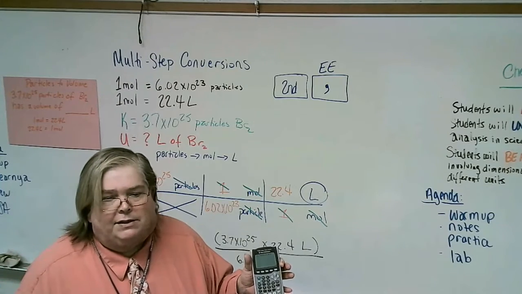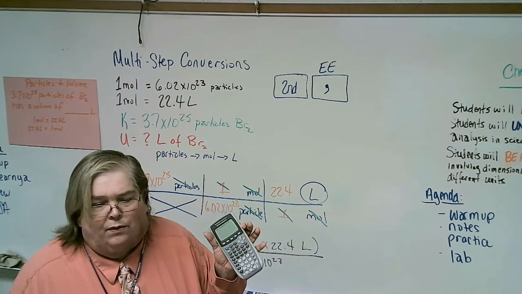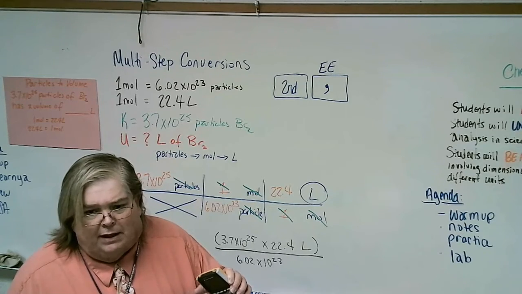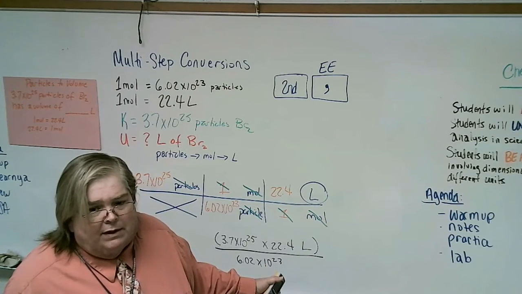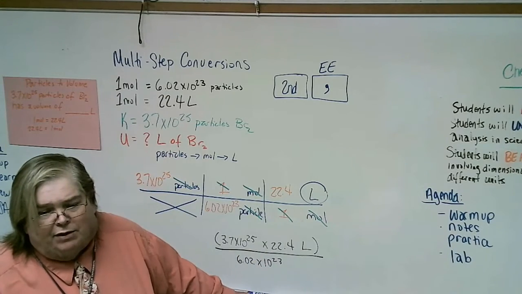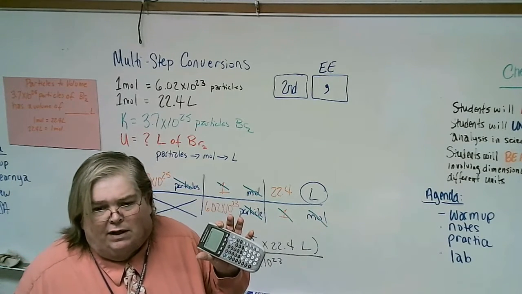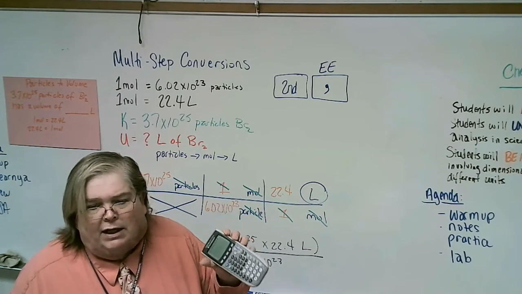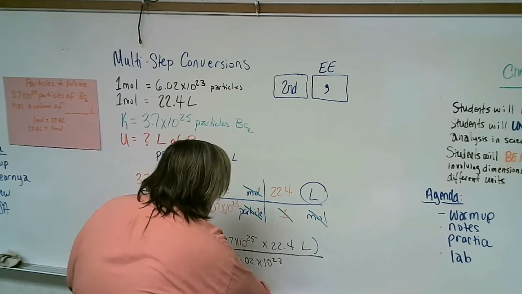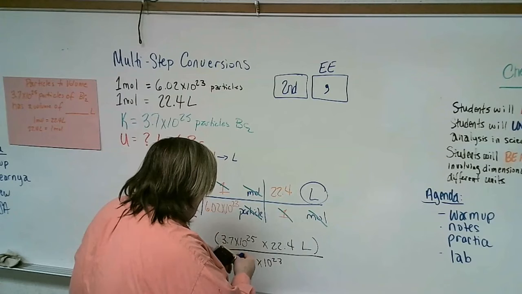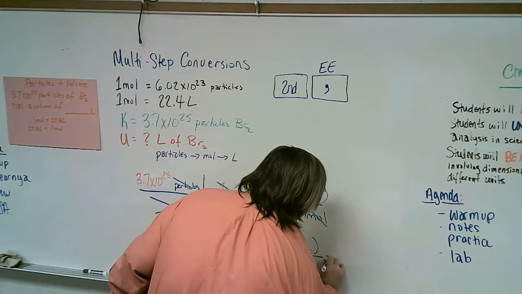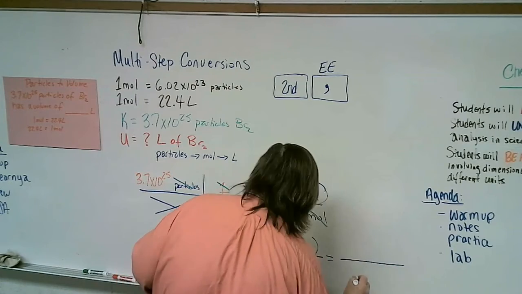Then close the parentheses. Now you can do one of two things. You can either hit enter here and write everything down, or you can hit the divide sign and put in the bottom part. Let's hit enter. This is still set up as a fraction, so make your equal sign and make your bar.